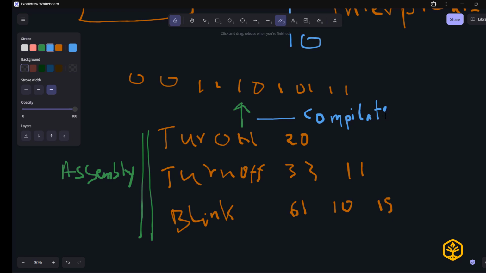Okay, or interpretation. So from assembly to binary is compilation, yes. Okay. Or interpretation. Interpretation.